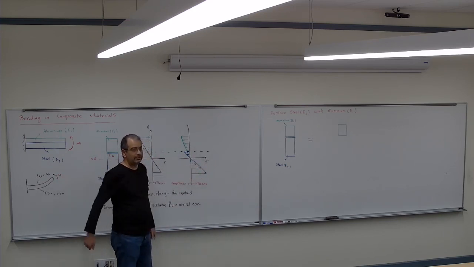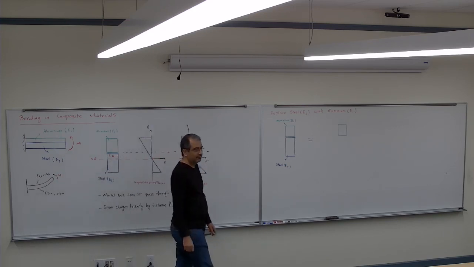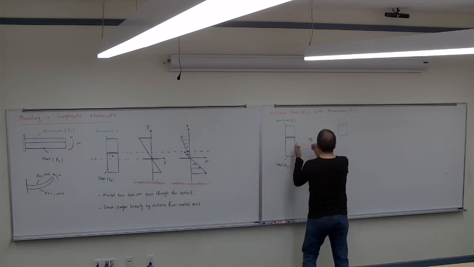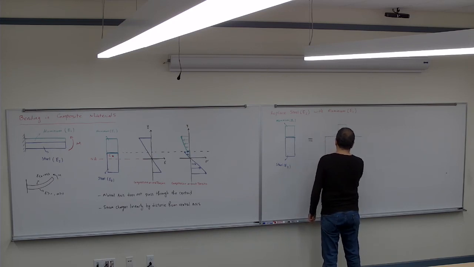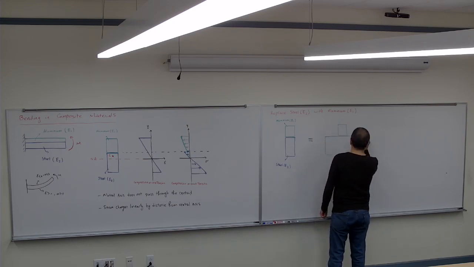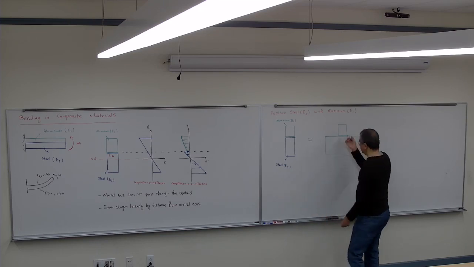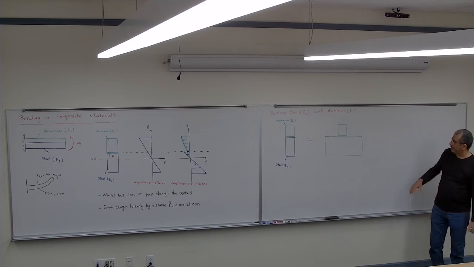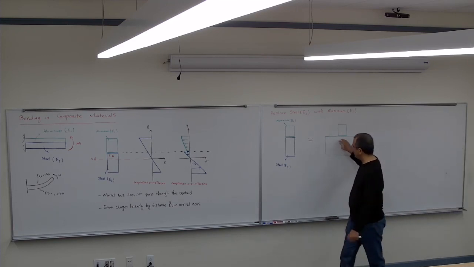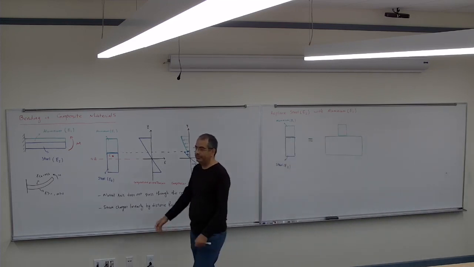So I want to increase the width. How much am I going to increase it? I want to put lots of aluminum here, so that's my new section. Now, how much should I put here to make sure these two behave exactly the same?